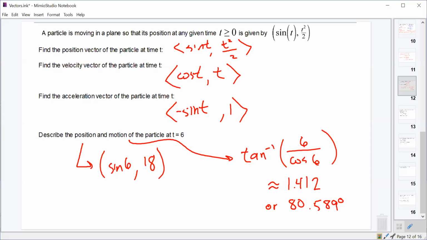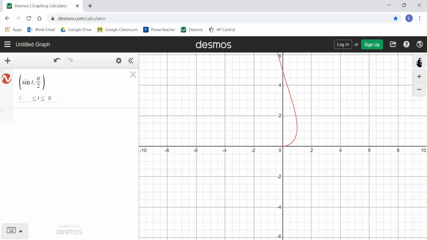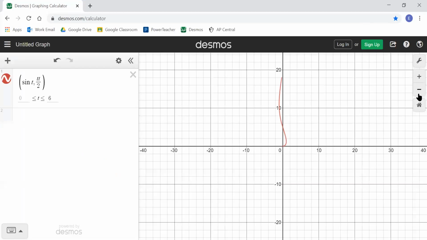So let's see, we got sine t and t squared over 2, right? So here's the graph of this, sine t and t squared over 2 from 0 to 6.